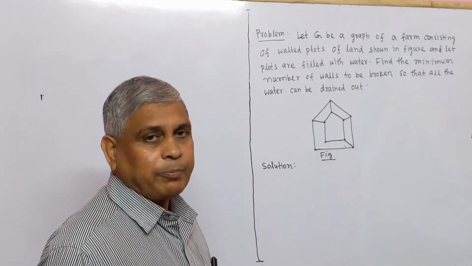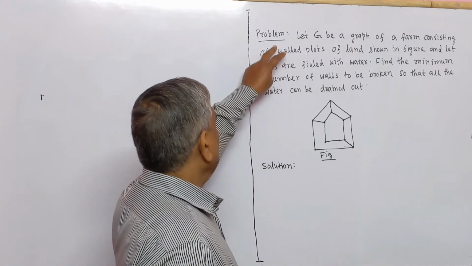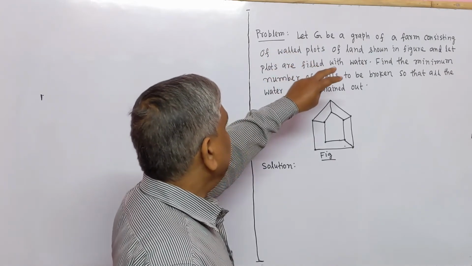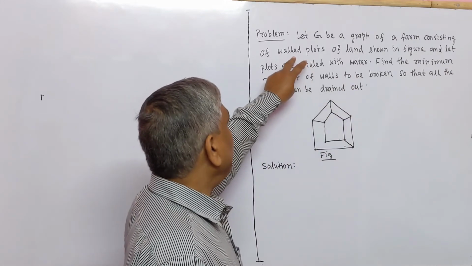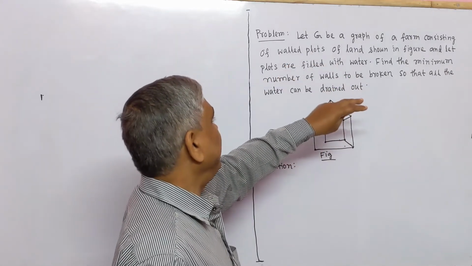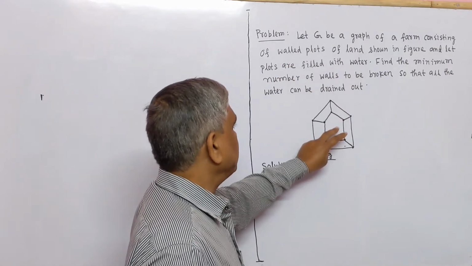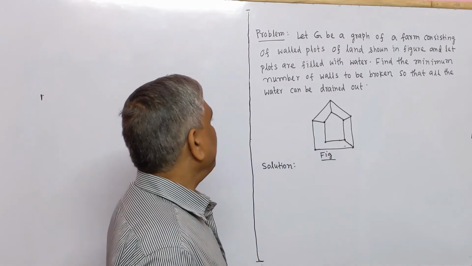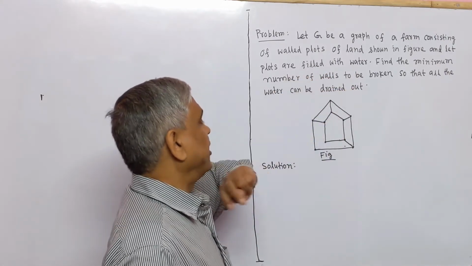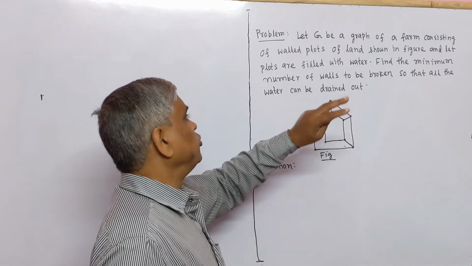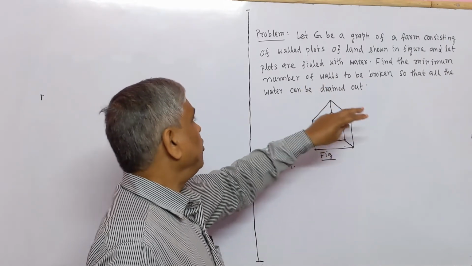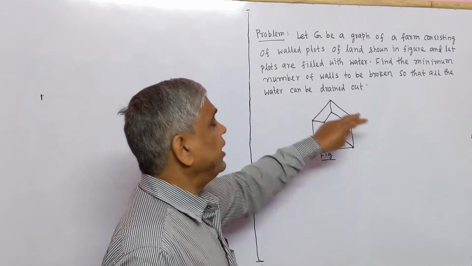Now we solve a problem. The problem is: let G be a graph of a farm consisting of walled plots of land shown in this figure, and let the plots be filled with water. Find the minimum number of walls to be broken so that all the water can be drained out.